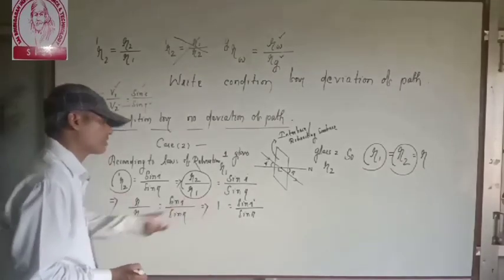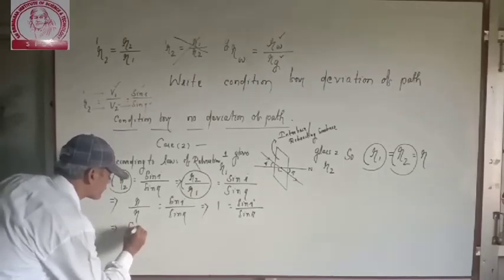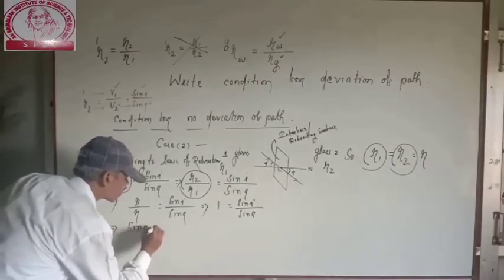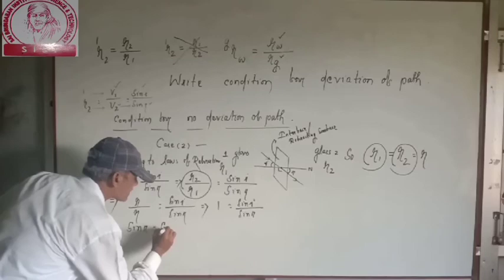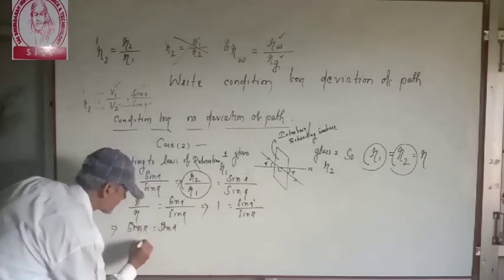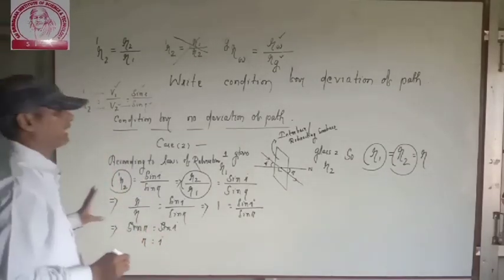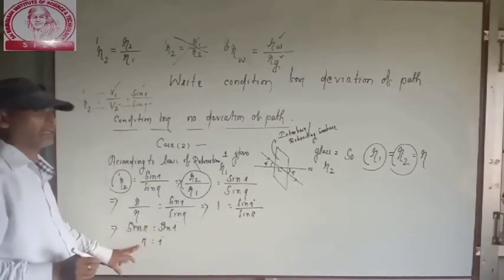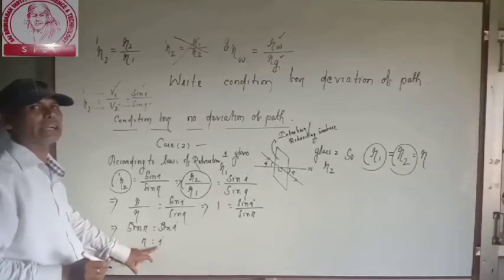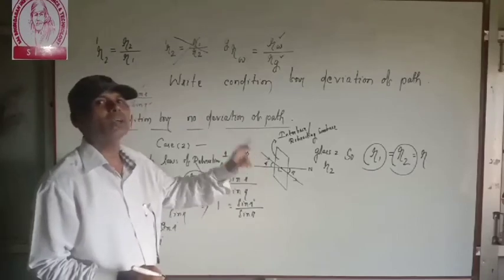So now both are the same. Just cross multiplied, sin r is equal to sin i. Hence r is equal to i. That means the refracted angle is equal to the incident angle. There will be no deviation of path.